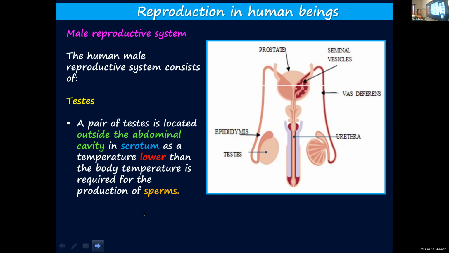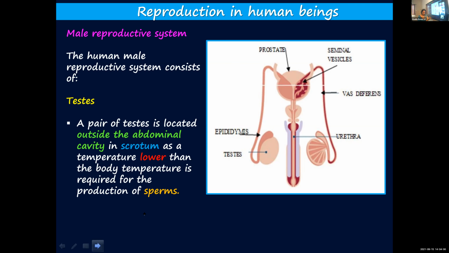And why are these placed outside the abdominal cavity? Why not inside the body? Because for the formation of sperms, you know that it is inside the testis that sperms are formed. For the sperms to be formed, a particular temperature is needed, which is lower than the body temperature.